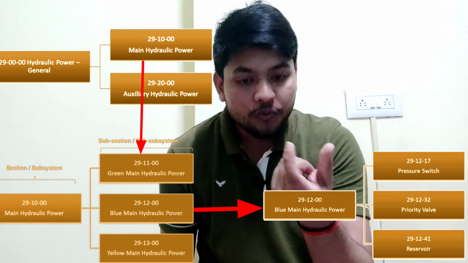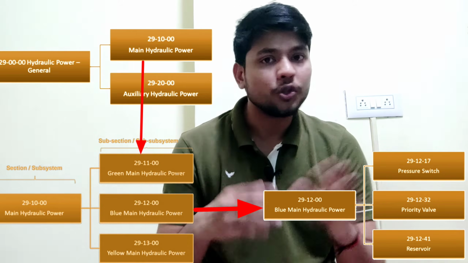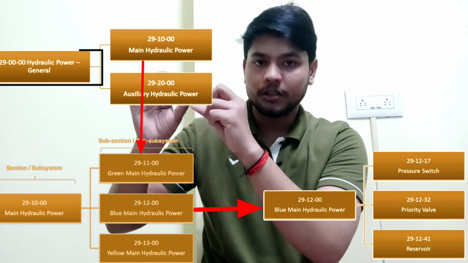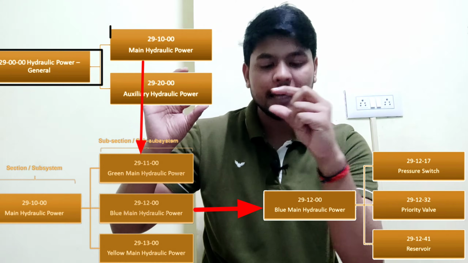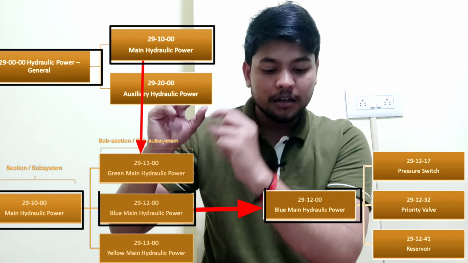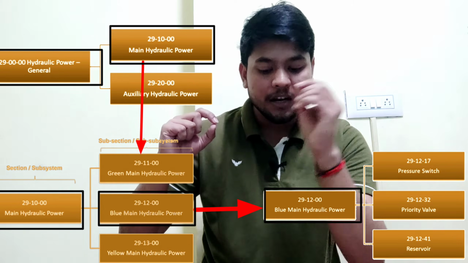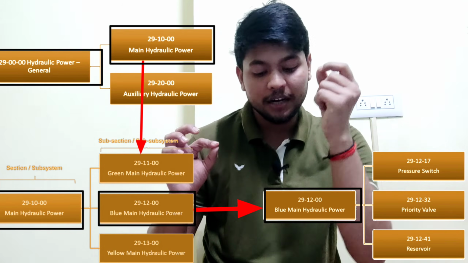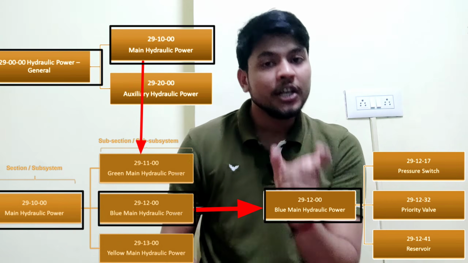If you are removing the reservoir, you are not going to consider the whole ATA 29. You will go inside ATA 29, then you will get the section 2910, the main hydraulic power. Inside that you will get the blue hydraulic power, 2912, and when you go inside that, you will get 291241, the reservoir.